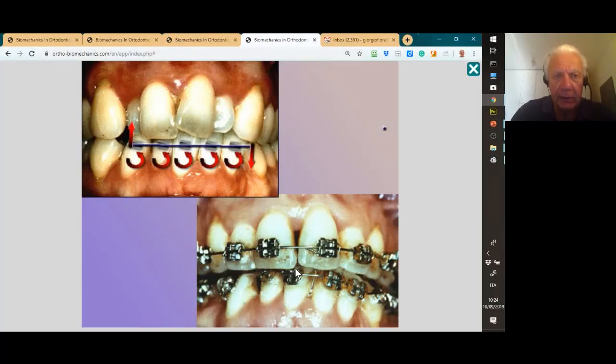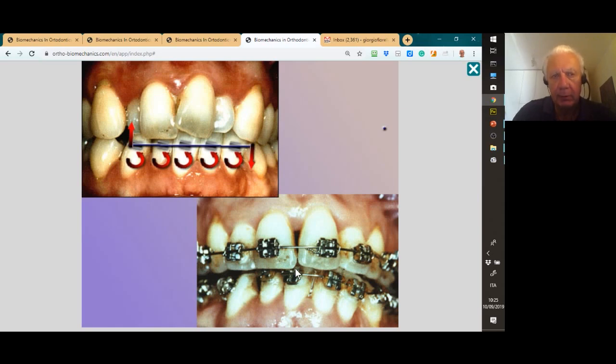And if you place a straight wire here, actually you have all moments uprighting the teeth, but there will be vertical forces. And overall, you get extrusion of this side and intrusion of this side. This is here. You see, look at the lateral here.